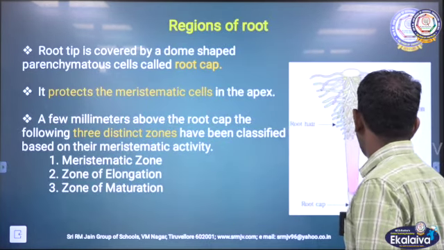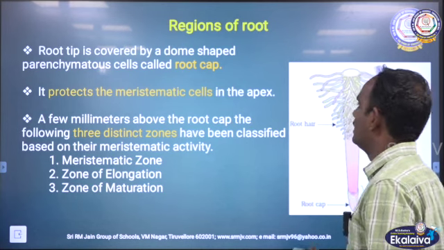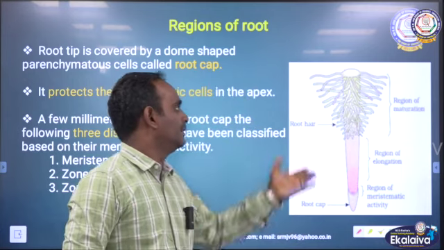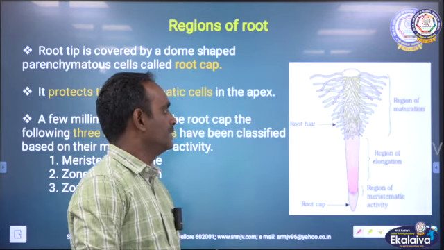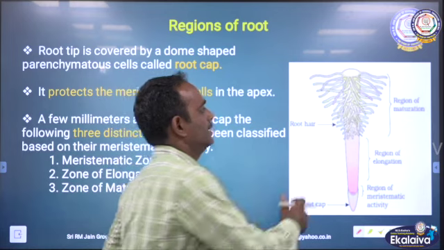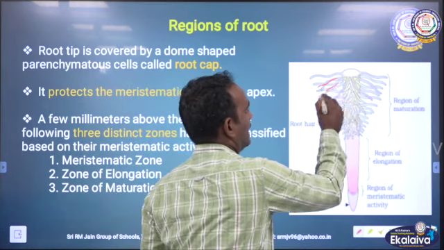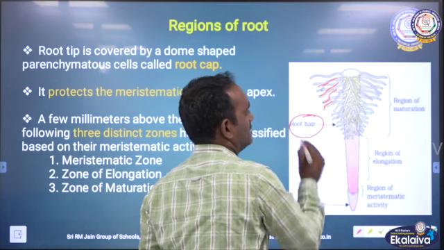Then we will see the regions of root. First we will see the picture of roots. See here, this is the picture of root, having root hairs. These are root hairs.